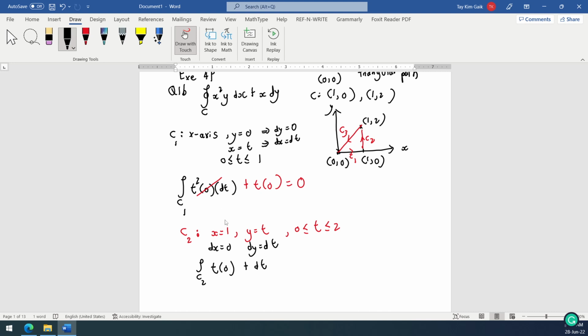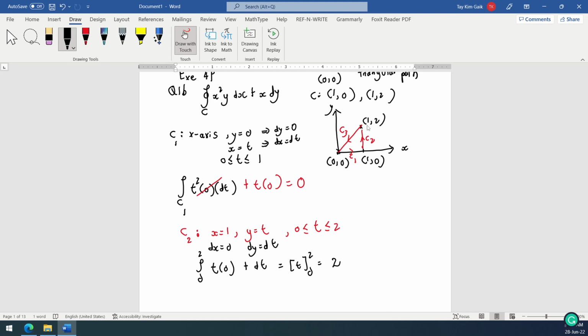Integrate 1 dt from 0 to 2, you get t from 0 to 2, and the answer is 2. So the line integral along curve C2 is 2.